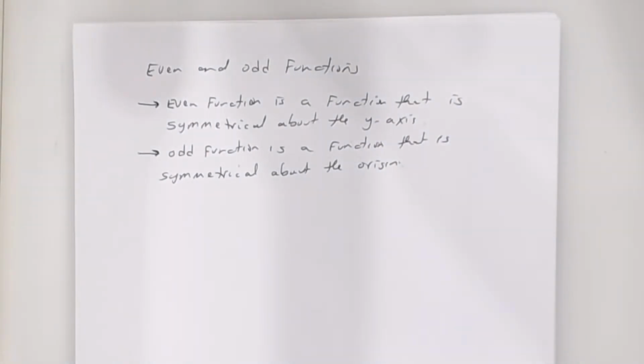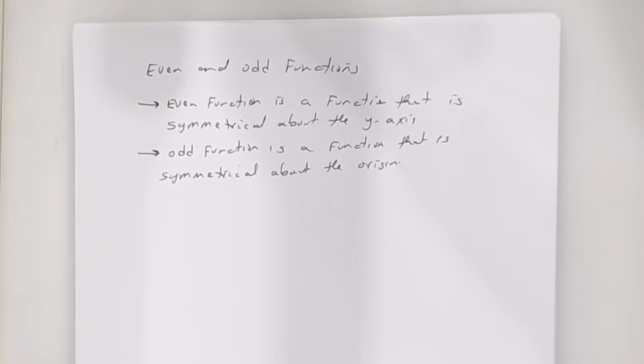All right, so an even function is a function symmetrical about the y-axis. An odd function is a function that is symmetrical about the origin. Okay? We can't talk about symmetry about the x-axis because that's no longer a function. We're only talking about functions here now, even versus odd.